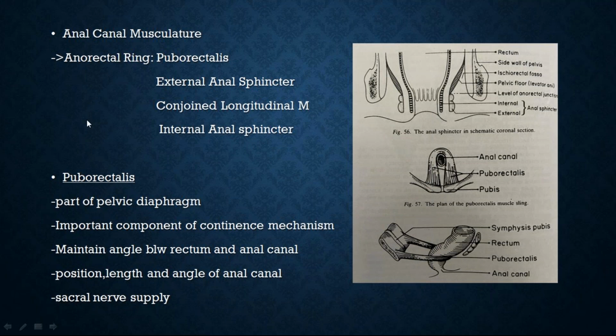It is formed by 4 components: puborectalis, external anal sphincter, internal anal sphincter, and conjoined longitudinal muscle. Puborectalis, you might have studied in anatomy.